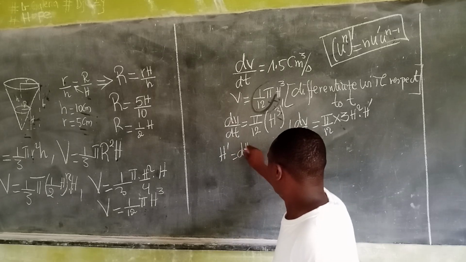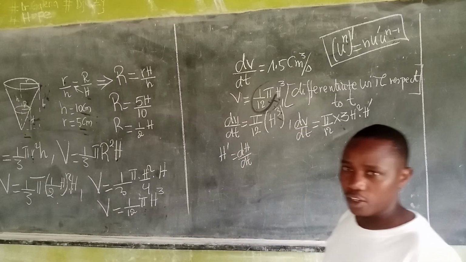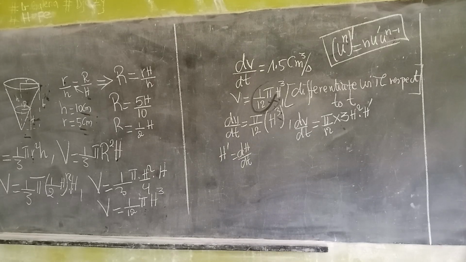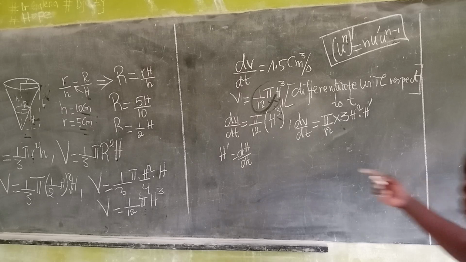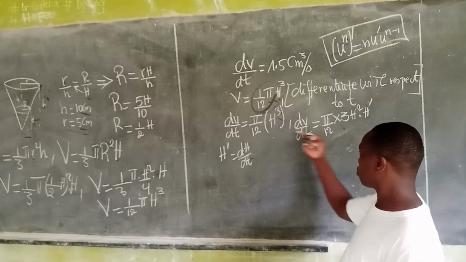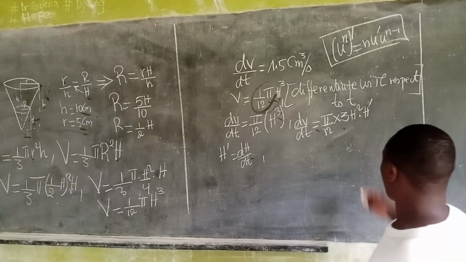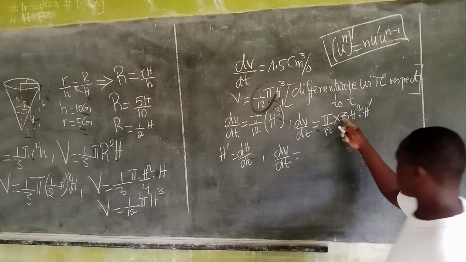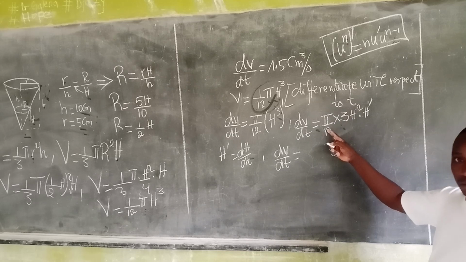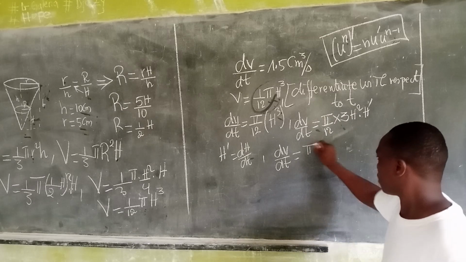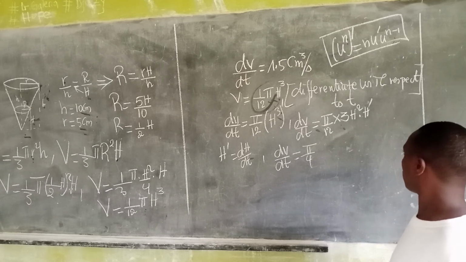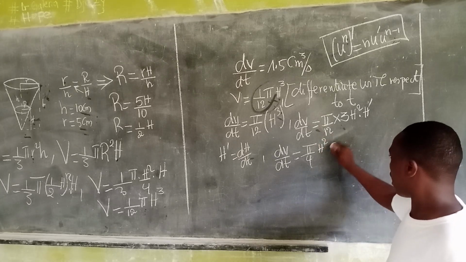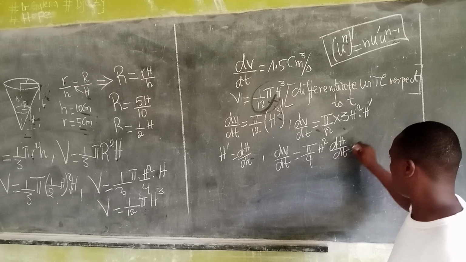It's dh by dt. Remember, in our question, they asked us to find the rate at which the level of water in the cone is rising. This is what we are going to look for according to this equation. The change in V with respect to t is equal to, simplifying 12 by 3, pi over 4 times h squared dh/dt.